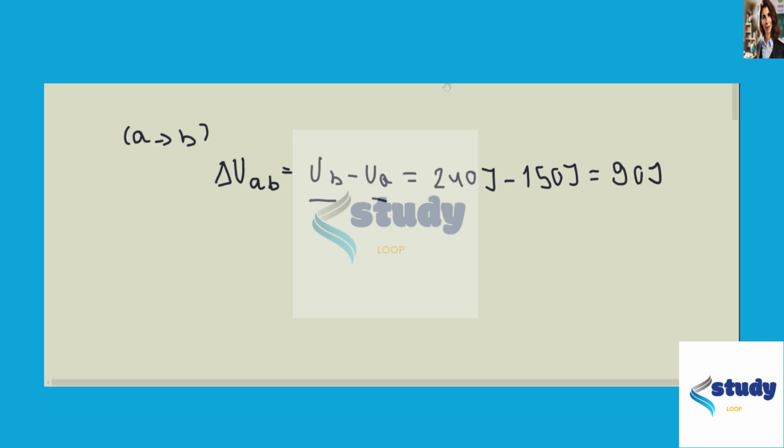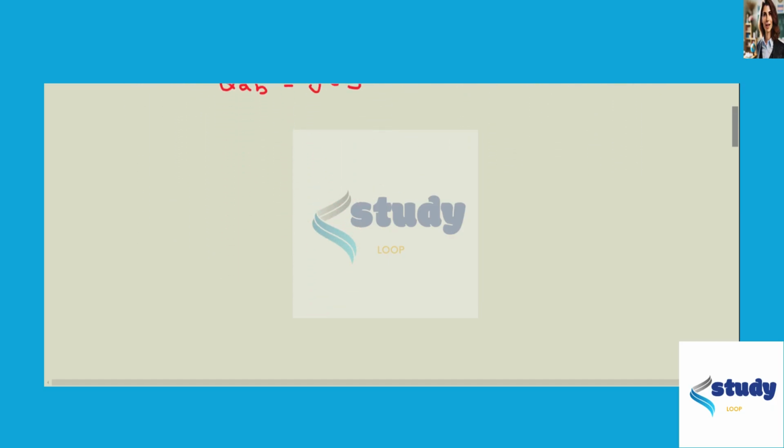Also, the work done from A to B is going to be 0, since there will be no change in the volume here. So the work done is 0, and we can therefore state that Q AB equals delta U AB, and therefore Q AB equals 90 joules. This is for the first process given on the PV diagram.